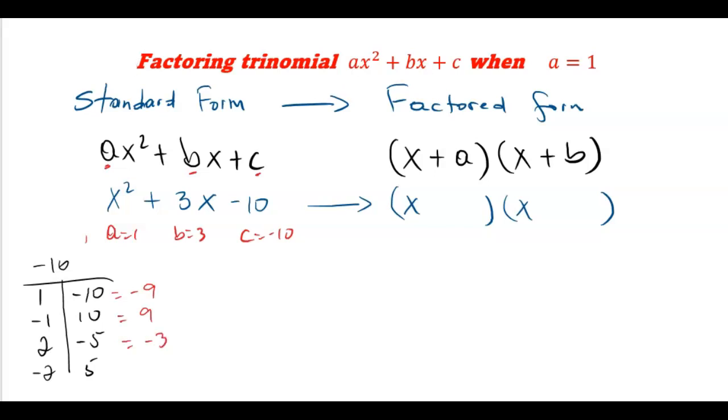But remember, we need positive 3. And negative 2 plus 5 is equal to positive 3. So our numbers are negative 2 and 5.